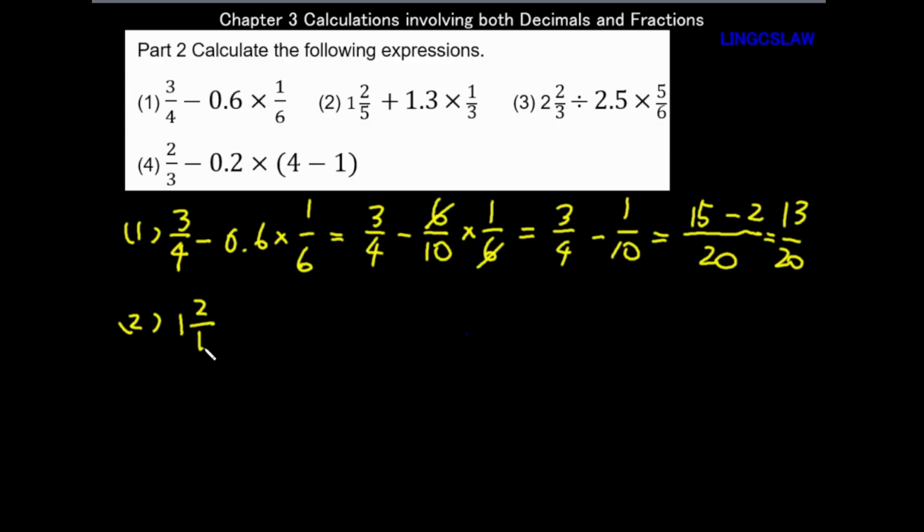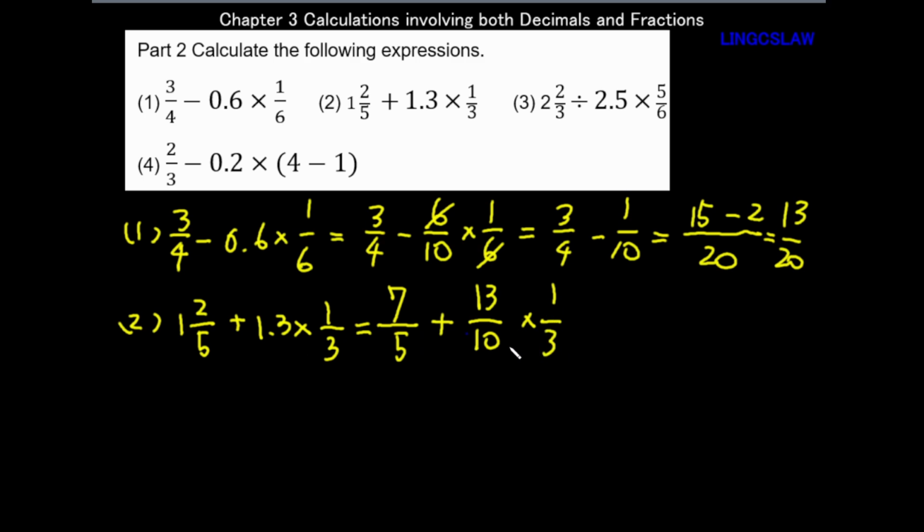1 and 2/5 plus 1.3 times 1/3 equals. Denominator 5: 5 times 1 plus 2 is 7, so 7/5, plus 13/10 times 1/3.